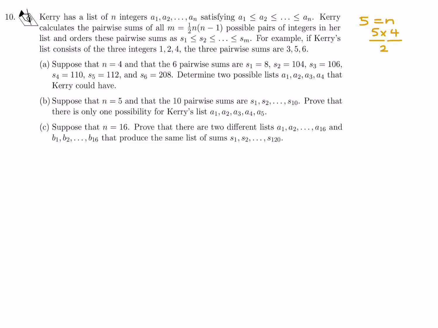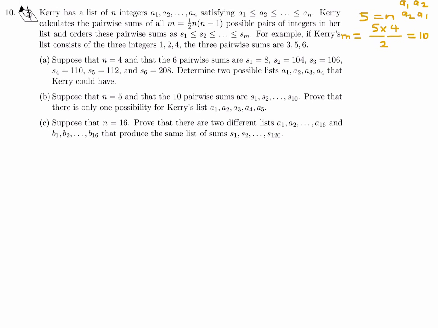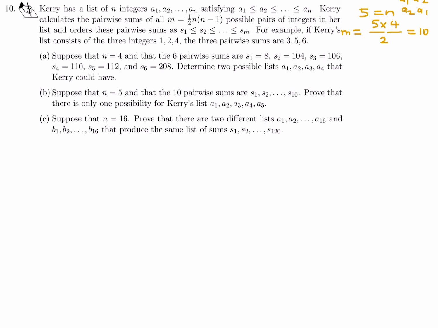And then you have to divide by 2 because a1, a2 is the same as a2, a1. So you've double counted, and that's why you divide by 2, so it'd be 10. And that's all this is. It's just n times n minus 1 divided by 2. That's m.